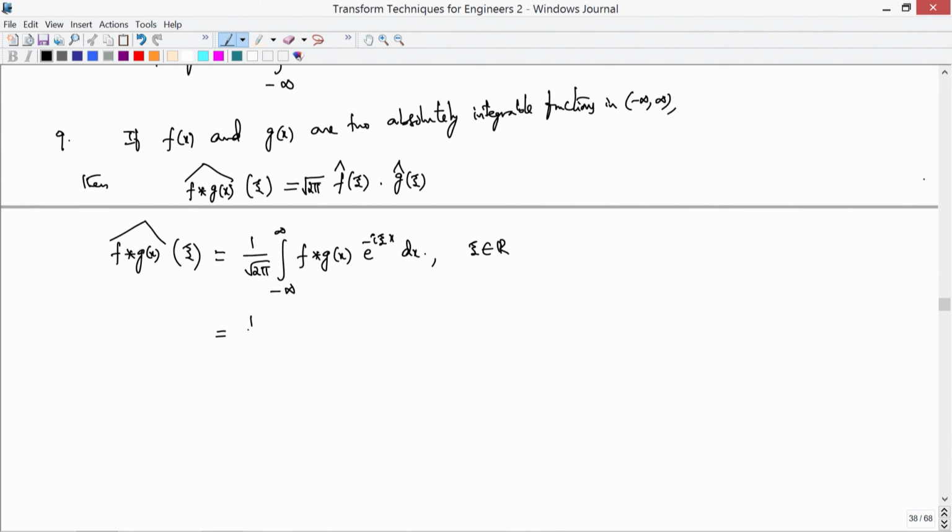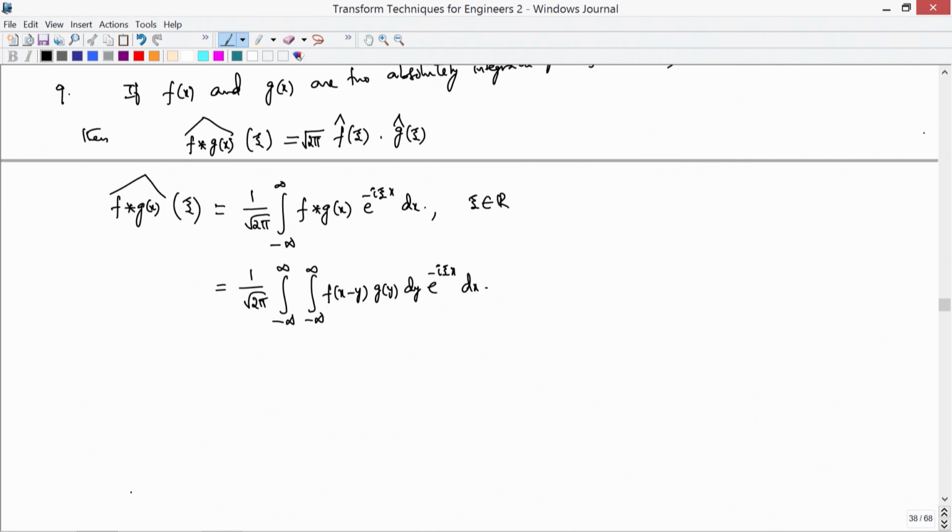Now, you write exactly the definition of the convolution product, and what you get is 1 by root 2 pi, integral over minus infinity to infinity of the integral of f of x minus y g of y dy into e power minus i xi x dx.